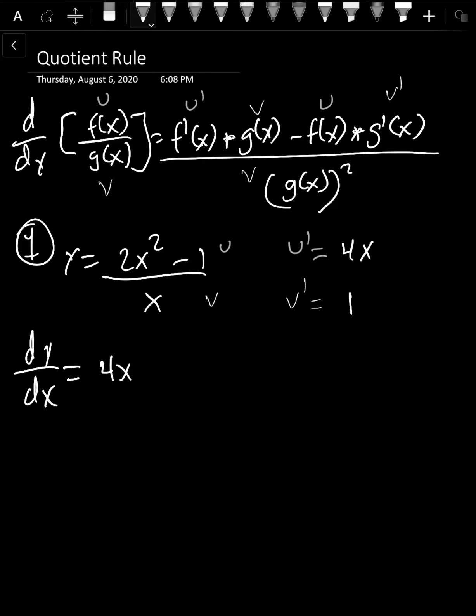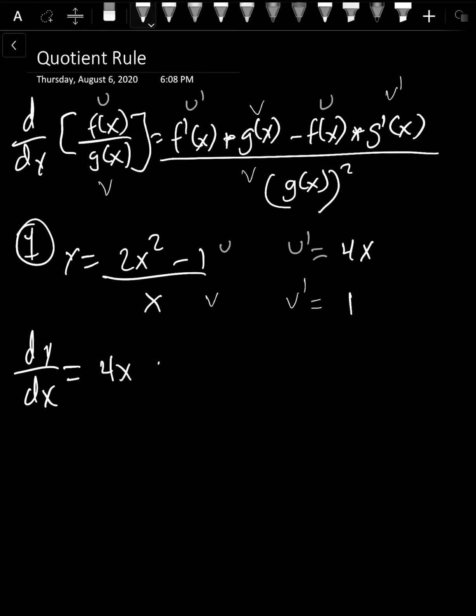dy over dx is equal to u prime, which is 4x, times b, which is x, minus u, which is 2x squared minus 1, right, times b prime, which is equal to 1, right? All this divided by x squared, right?